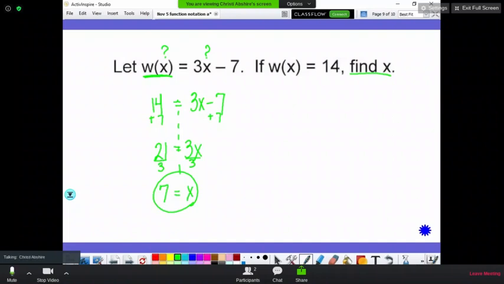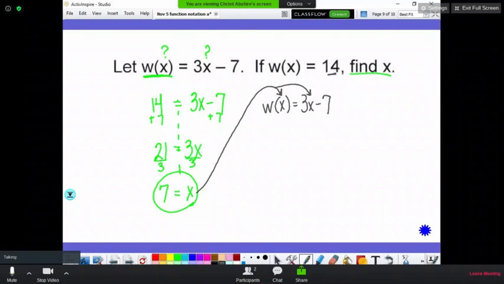On this last problem, I do want to show you that you can check your work. I should be able to take the original function, w of x equals 3x minus 7, and put 7 in the place of x and get 14.